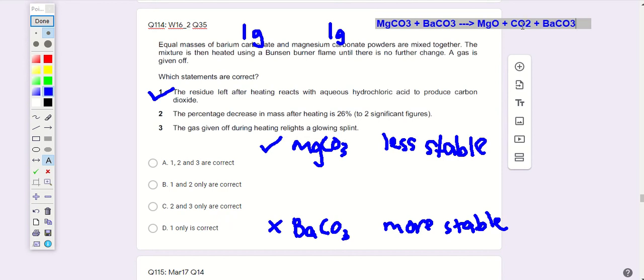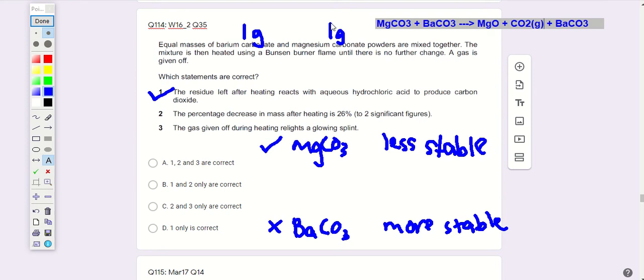This CO2 is a gas, so it will escape from the system. So what is left will be magnesium oxide and barium carbonate. We lost CO2. So what's the percentage in mass that we lost? Now this 1 gram and 1 gram is what I assume, because they didn't tell us what the masses are that they mix together. They didn't tell us, so we take them as equal, right?